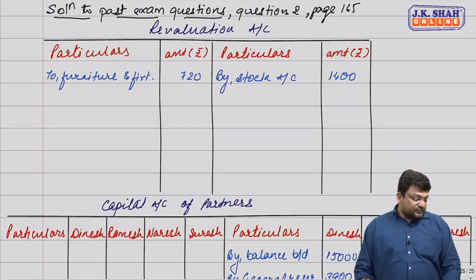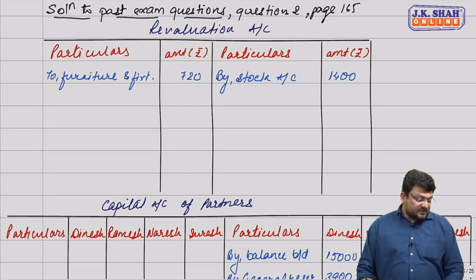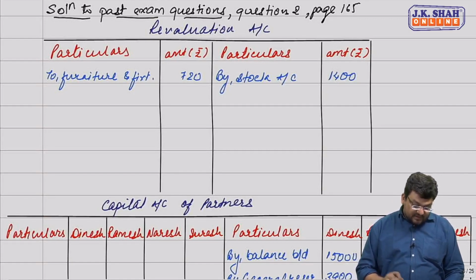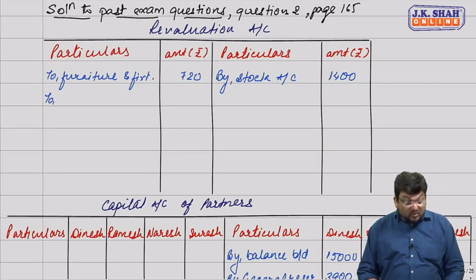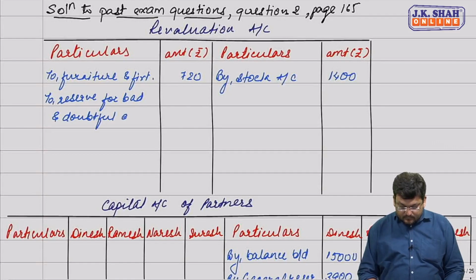Reserve for bad and doubtful debt shall be provided at 5%. So your debtors, trade receivables are 10,700. 5% of 10,700 comes to 535. Entry will be to create reserve, revaluation account debit to reserve for bad and doubtful debt, 535.